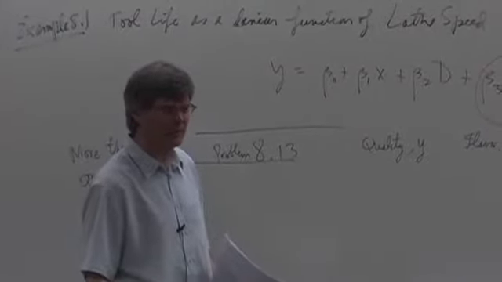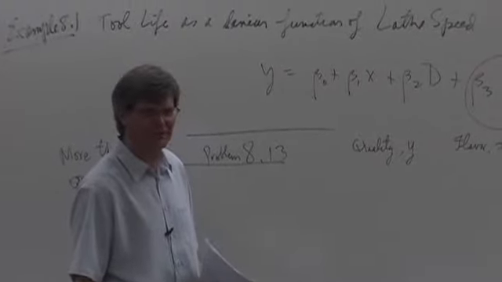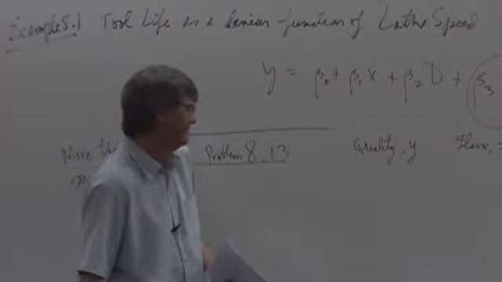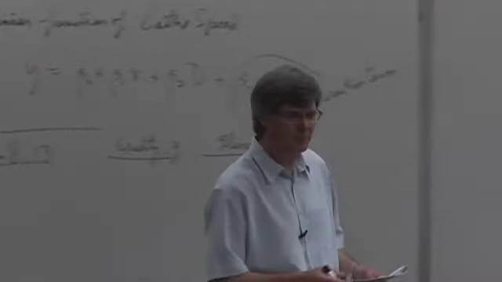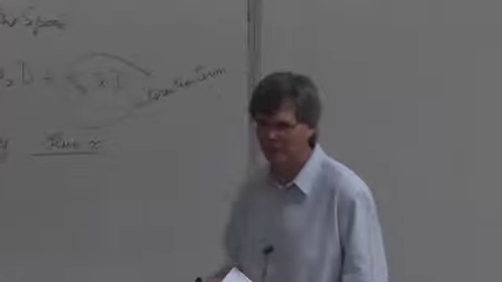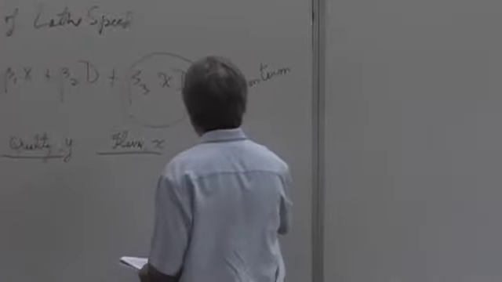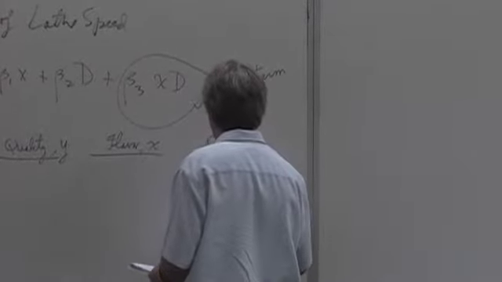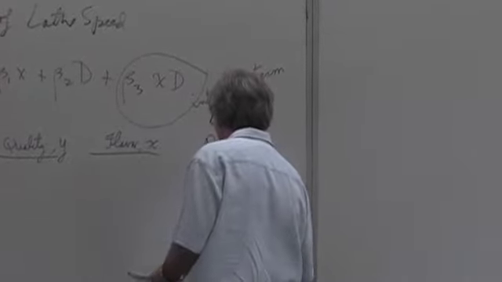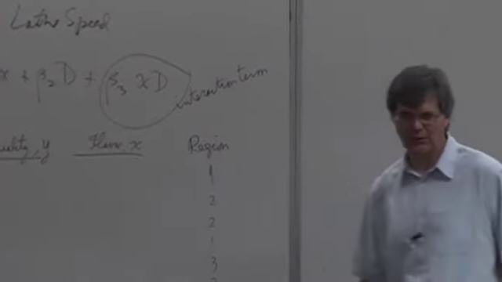The flavor is rated somehow on a numerical scale. You can see how maybe that would be more likely to be a categorical variable, but here it is a numerical variable. Then you're going to have region of the wine, and that's going to be 1, 2, or 3. So that is obviously a categorical variable.